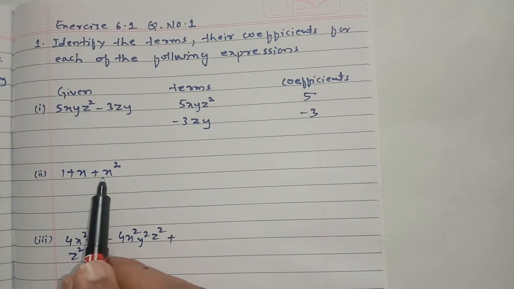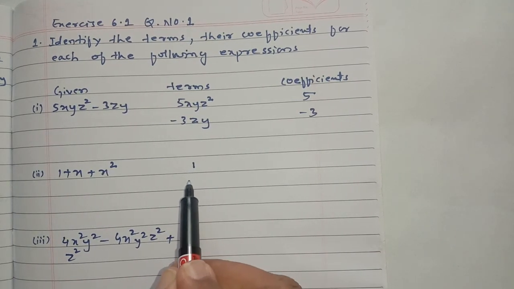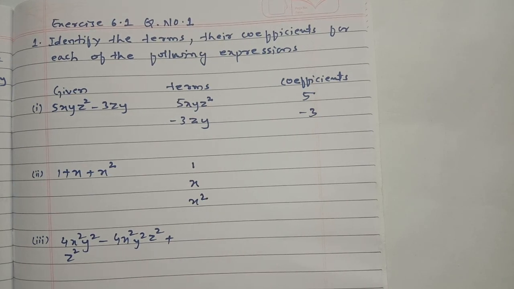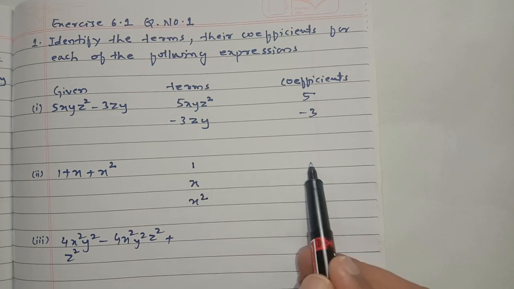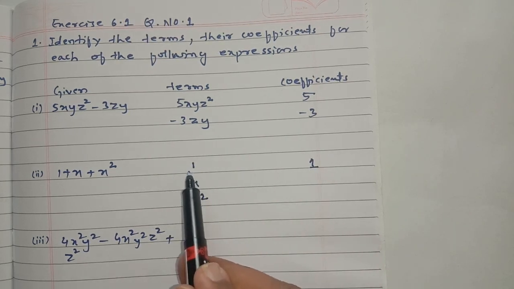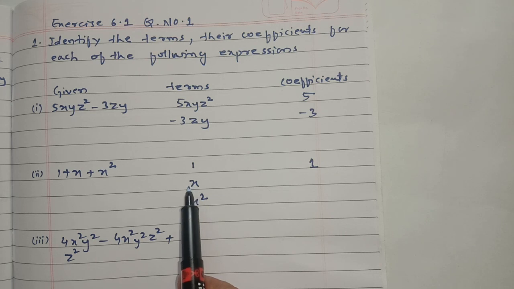Now the second question, the terms are 1, x and x square. These are the three terms given. The coefficient of 1 is 1 only, because 1 can be written as 1 into 1, student. What is the coefficient of x? Keep in mind, if a number is not given before it, we can write it as 1 into x.